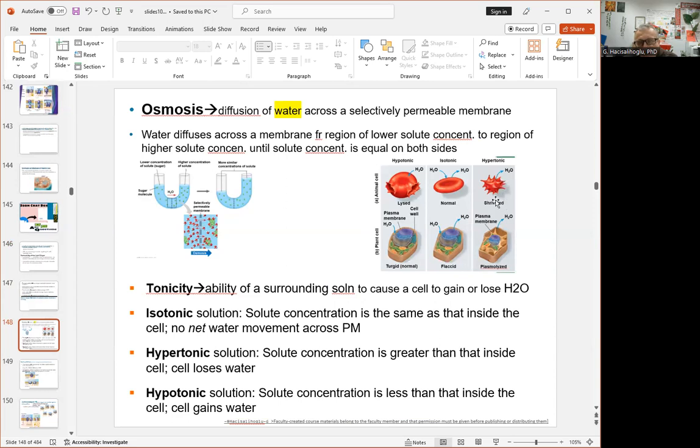If it is an animal cell, it's called shriveled. If it is a plant cell, this is called plasmolyzed. Plants don't have enough water. If you give them a lot of water, they become turgid. If it is an animal cell, they are called lysed. So isotonic is same. Hypertonic solution is when there is less water inside the cell.